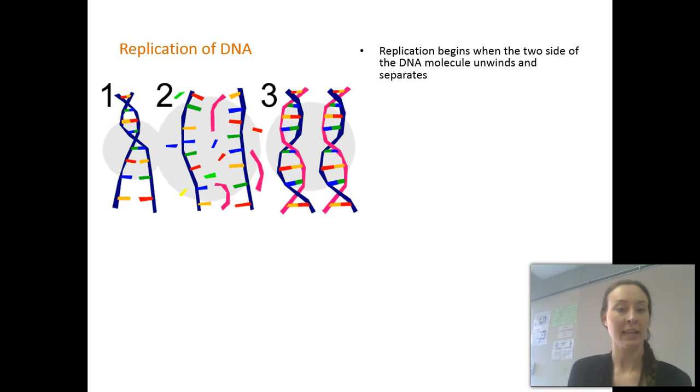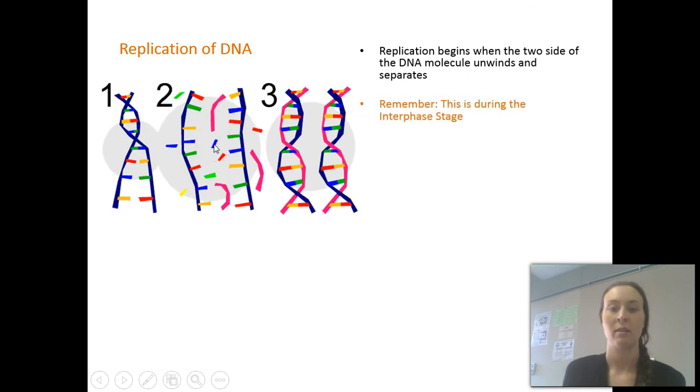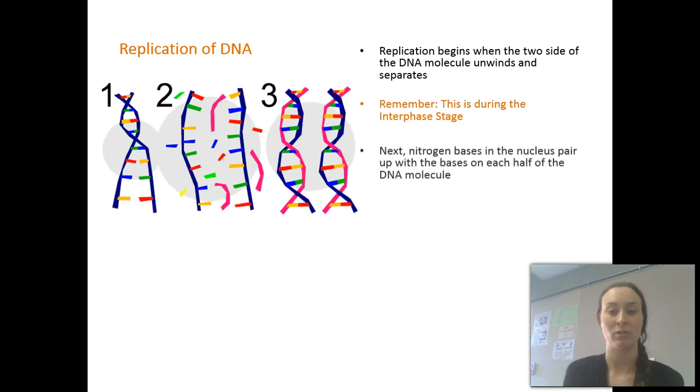So DNA goes through a replication process, and replication begins when the 2 sides of the DNA molecule unwind and separate. So we start off, we have our spiral ladder. It unwinds and separates. So remember, this happens during the interphase stage.